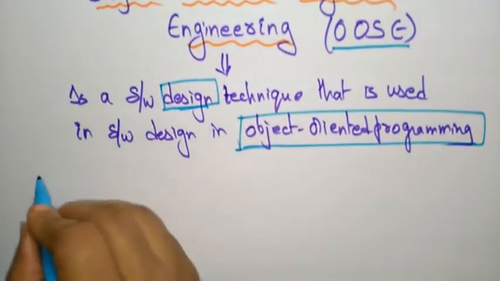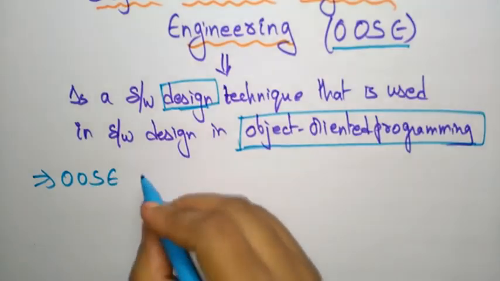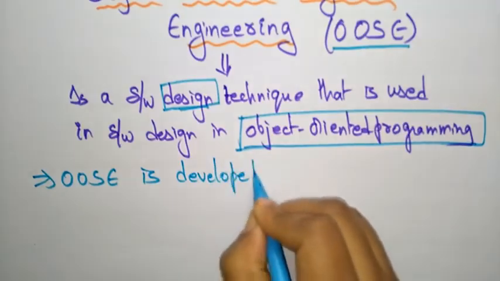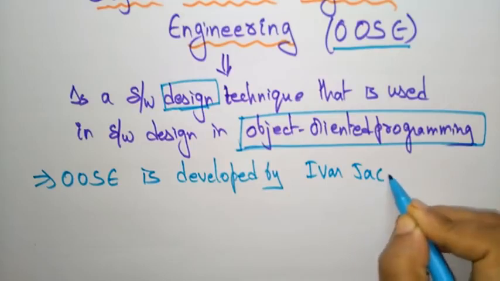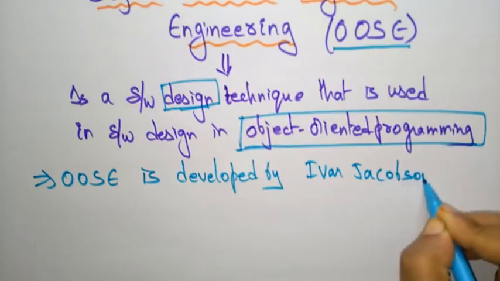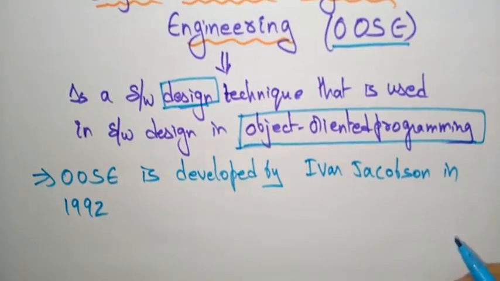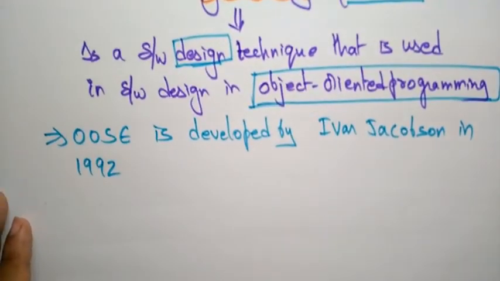OOSE, object oriented software engineering, was developed by Ivar Jacobson in the year 1992. It is the first object oriented design methodology that employs use cases in software design.